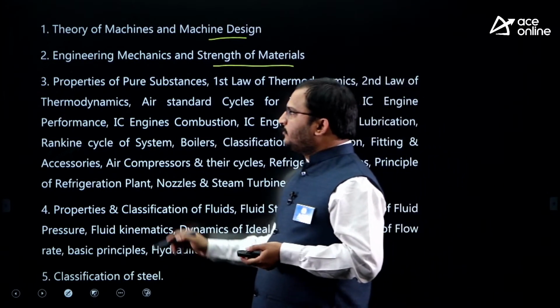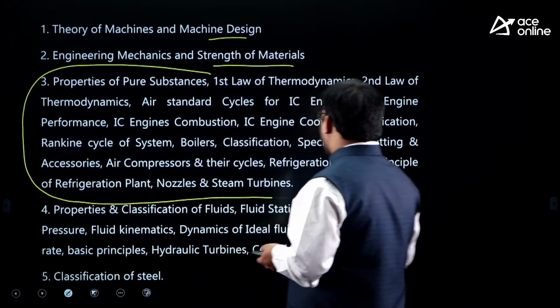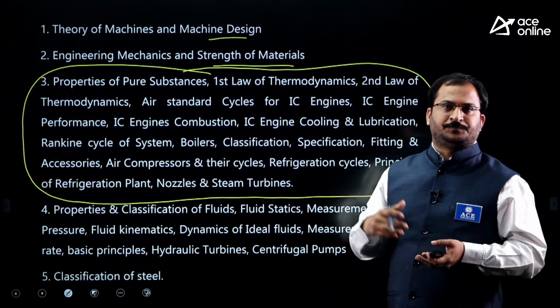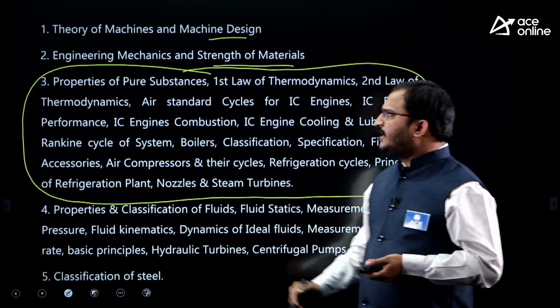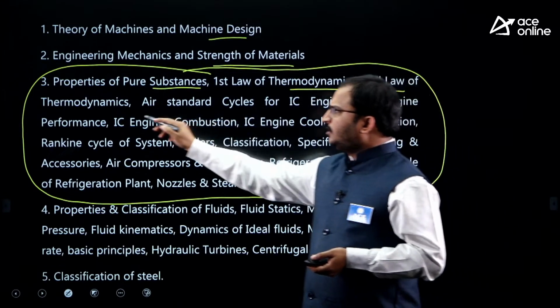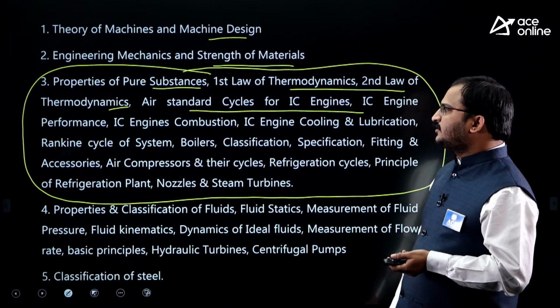But if you observe, this total part is the thermodynamics and applications. So here he has given in detail about properties of pure substances, the laws of thermodynamics, air standard cycles, IC engines part is there.